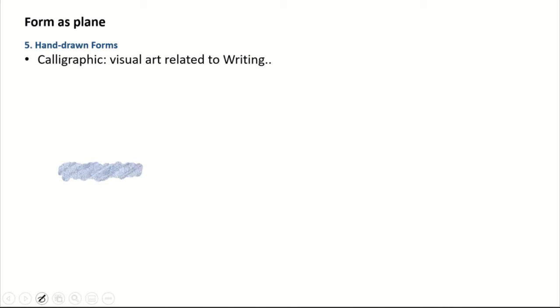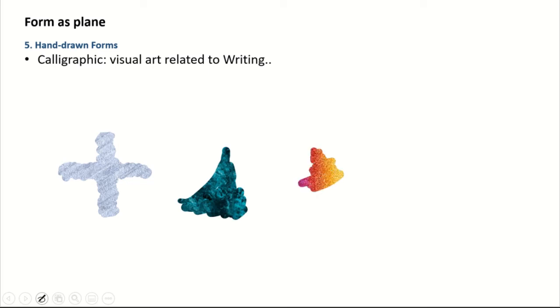See how this form is created. It is representing a hand-drawn form. This is nothing but calligraphic representation. These are the hand-drawn forms.